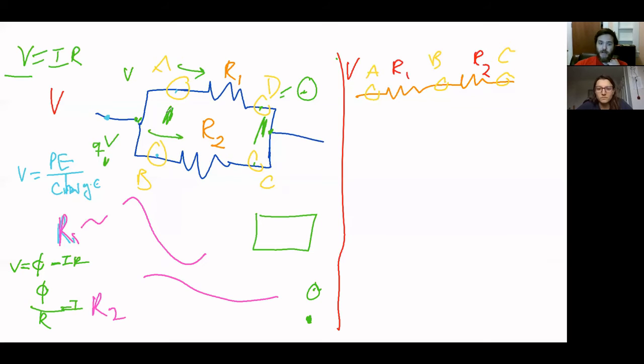It's a little unintuitive. It takes a minute to think about it. But if you think about it as if it were water, the potential energy of a single drop of water at one side of a waterfall and at the other side of the waterfall has to be the same no matter which waterfall route it takes. So what the current is can essentially be thought of as the rate of flow through that side.